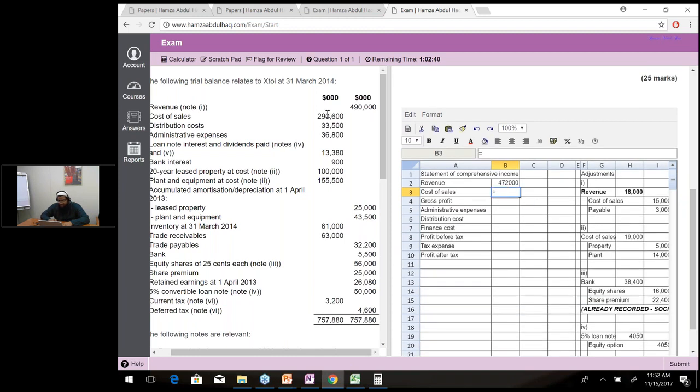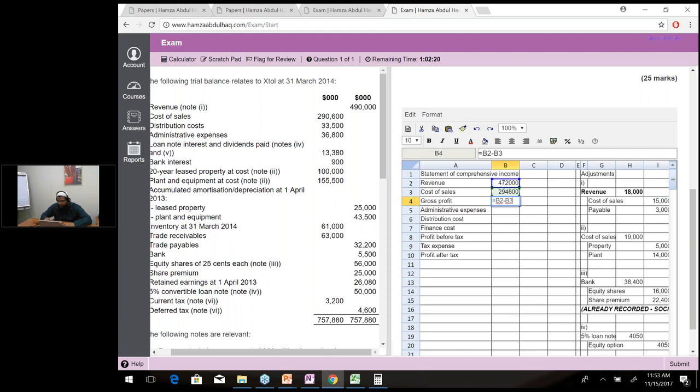So the cost of sales is actually 290,600 minus 15,000. We are reducing the cost of sales plus 19,000. So the amount of cost of sales is 294,600.